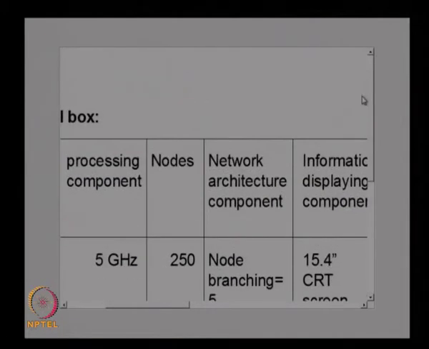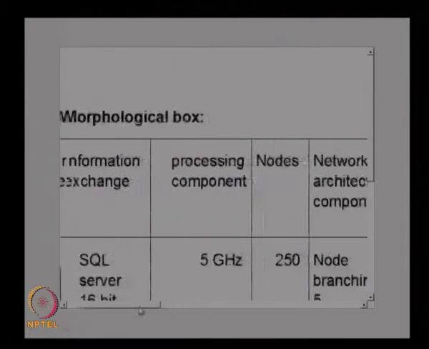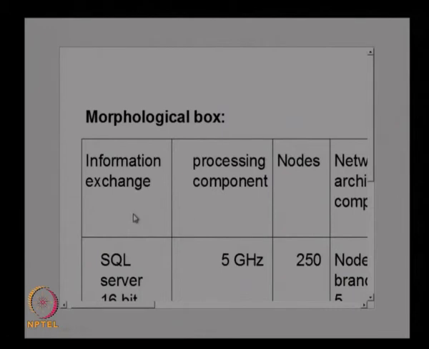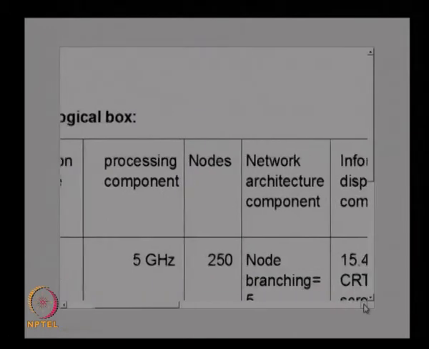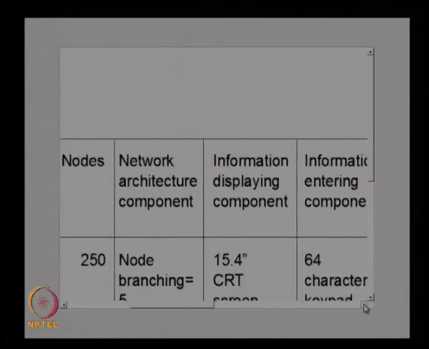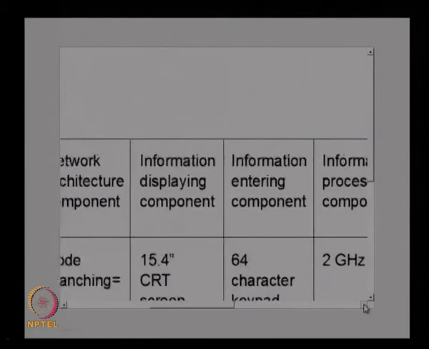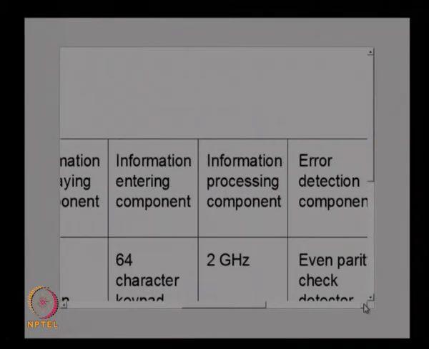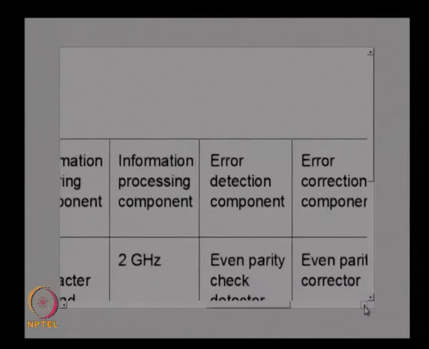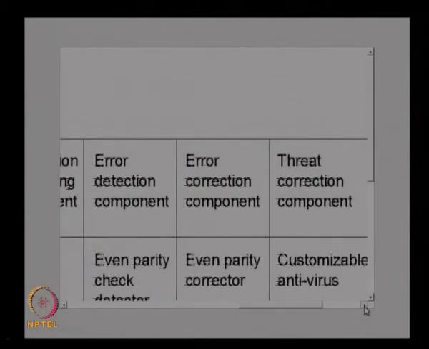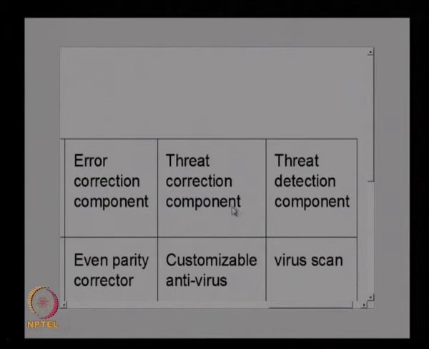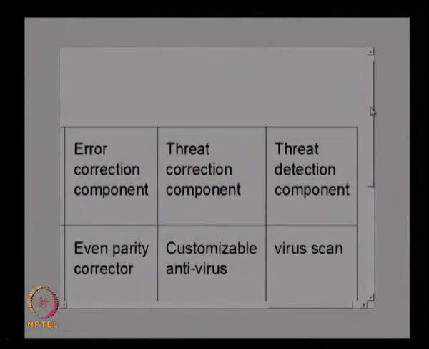This shows the morphological box for various components: information exchange, processing component, then number of nodes, network architecture component, information display, information entering component, then information processing component and error detection component. Of course we have the error correction component, threat correction component and threat detection component also, and we have different options for all these components.